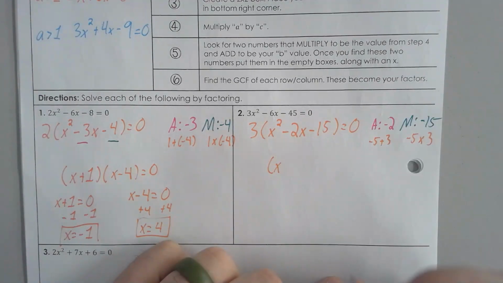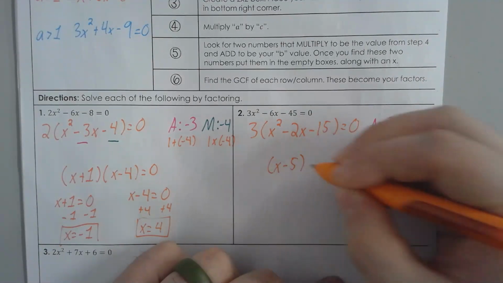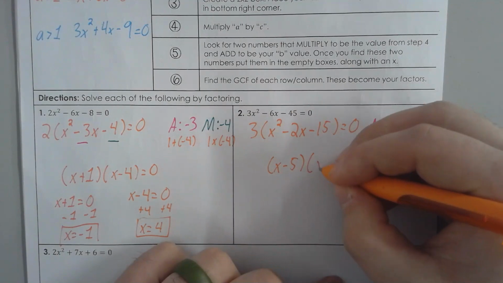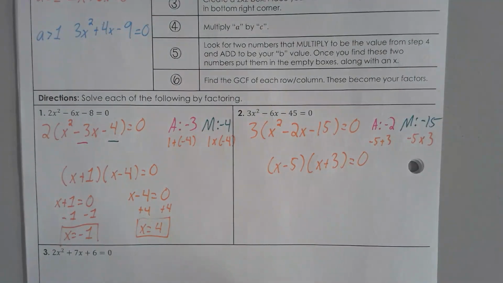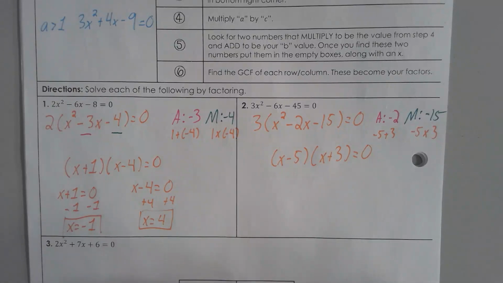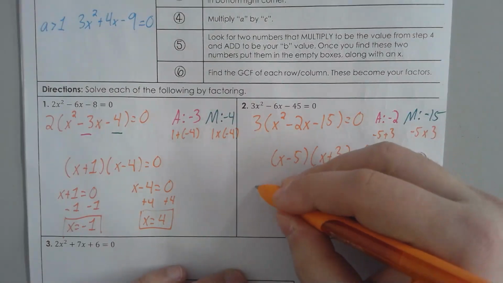So now we set them up in our parentheses, x minus 5 and x plus 3. Now we just split them up, set them equal to 0.